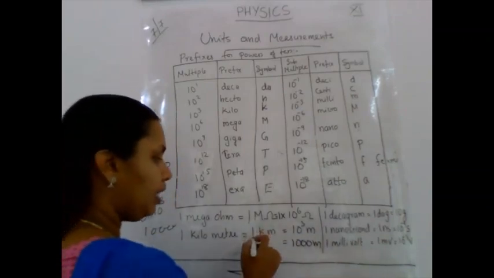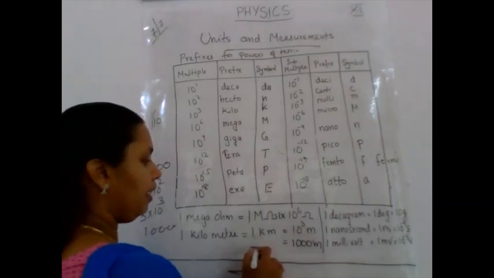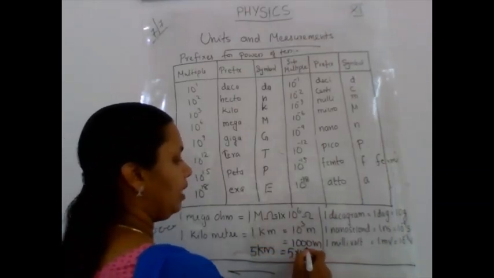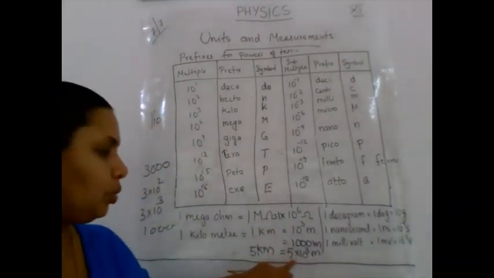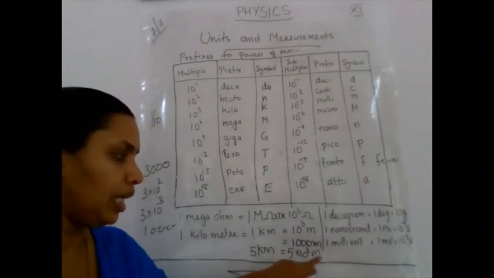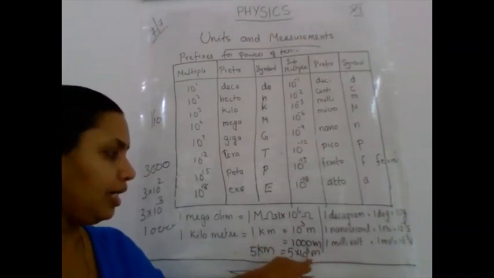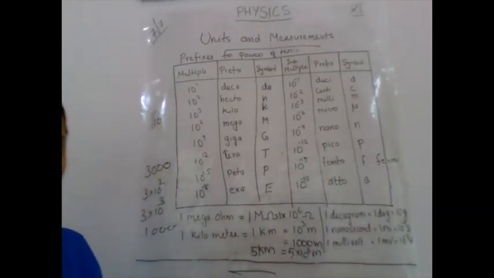So 5 kilometer, instead of writing 5000 meter, how will you write? 5 kilometer is equal to 5 into 10 raised to 3 meter. 20 kilometer, 20 into 10 raised to 3 meter. 100 kilometer, 100 into 10 raised to 3 meter. So kilo is what? Into 10 raised to 3.